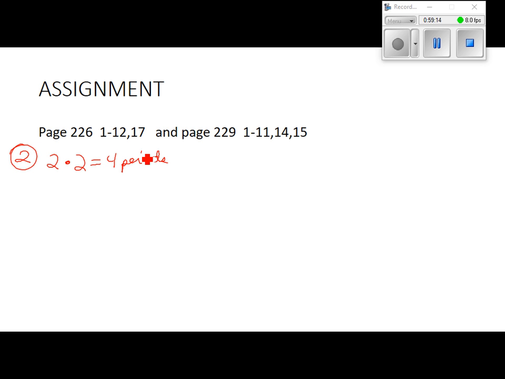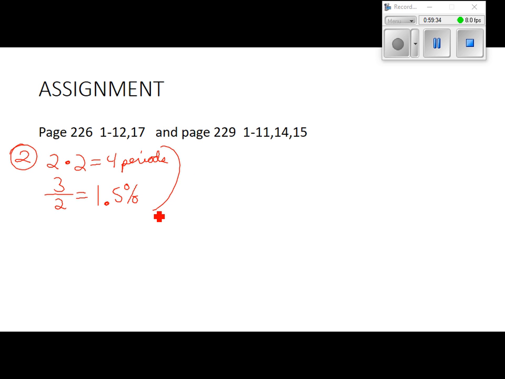Then we take the percent. What was the percentage rate? 3%. So you can just leave it 3 divided by 2. What's 3 divided by 2? 1.5%.